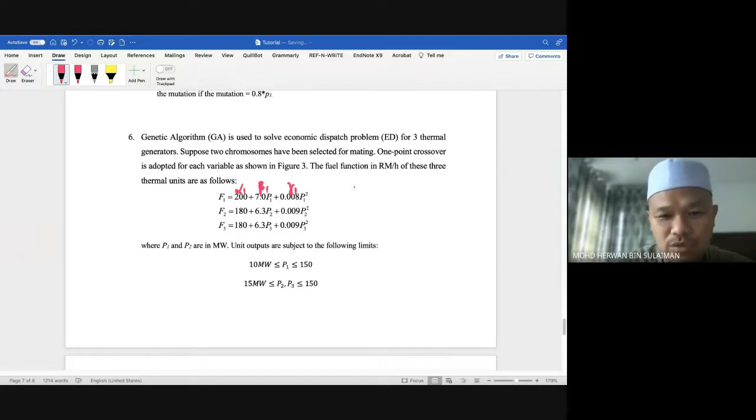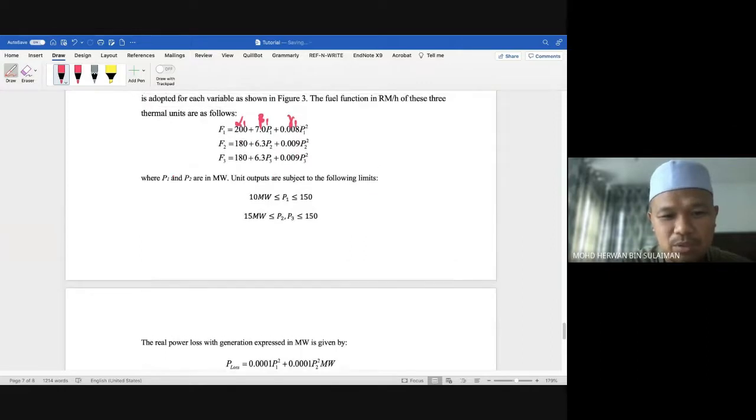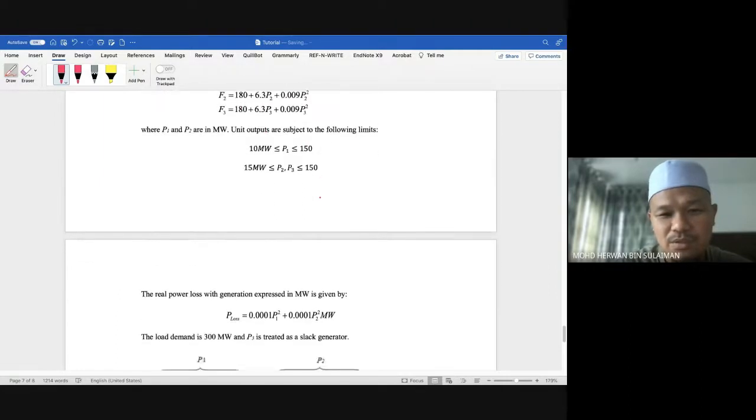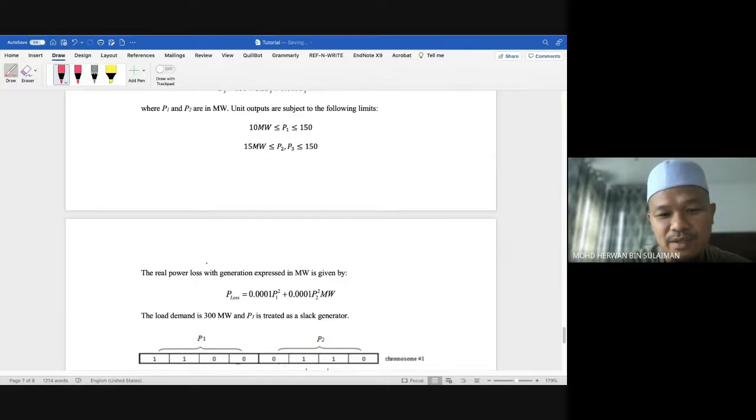Notice that P1 and P2 are in megawatts, and the outputs are subject to the following limits. We have inequality constraints: P1 between 10 megawatts and 150 megawatts, and P2 and P3 between 50 megawatts and 150 megawatts. Then we have the real power loss calculation.